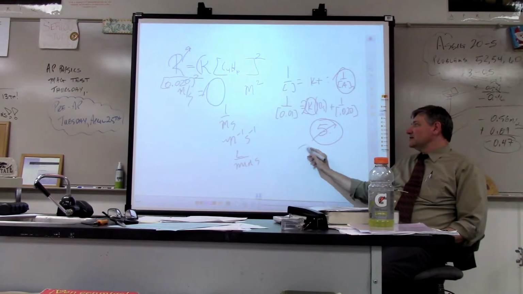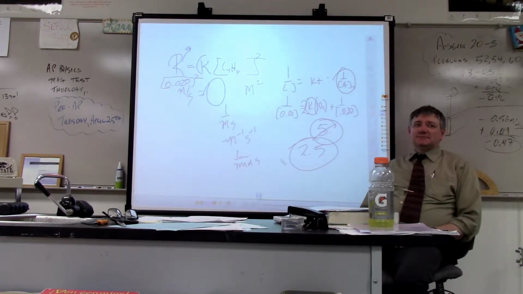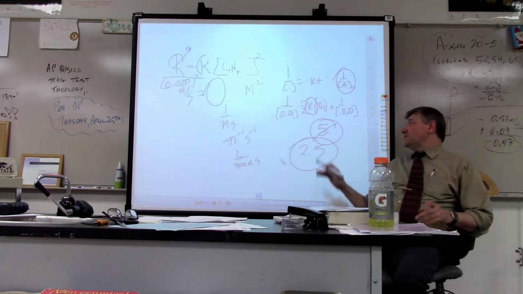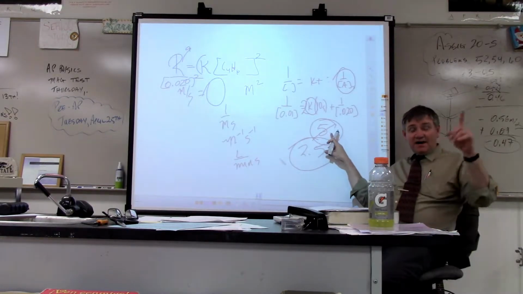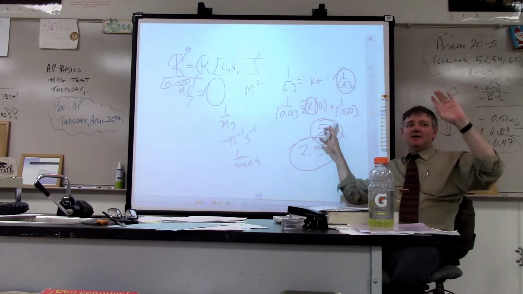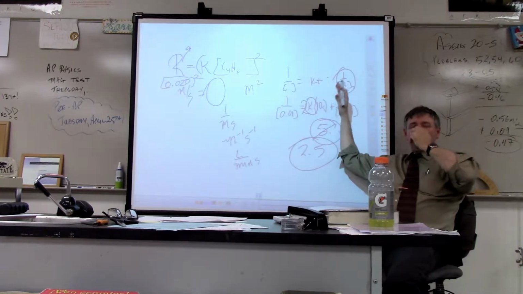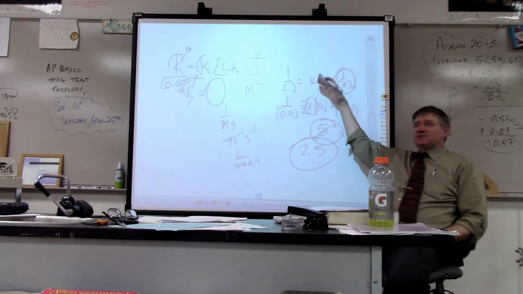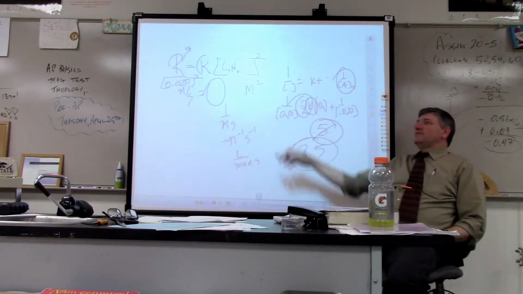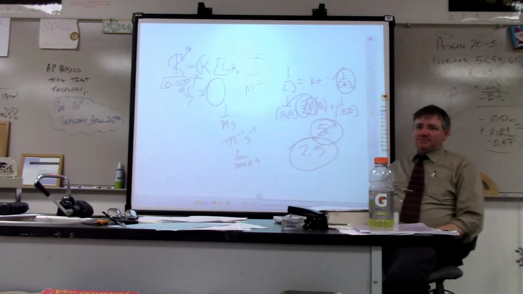You get 2.5. Okay? Wow. So if you did it this way and you had 5, they actually gave you credit because most of the time everything has a coefficient of 1, and you kind of had to know that this is a stoichiometric thing, and so that's going to be 2K relative because there's a coefficient of 2 in front of it.